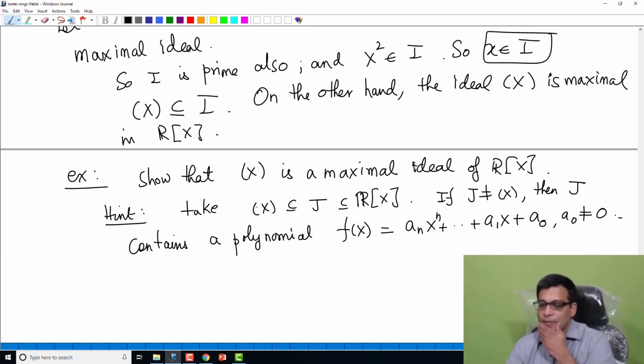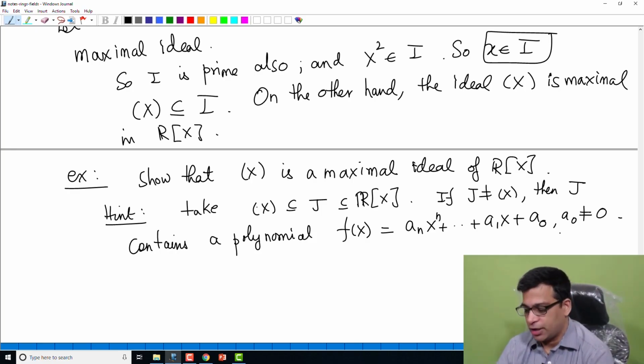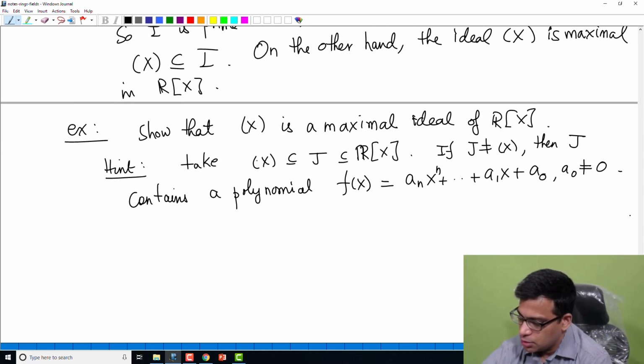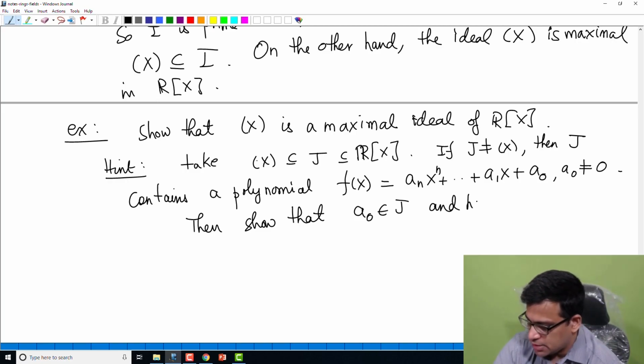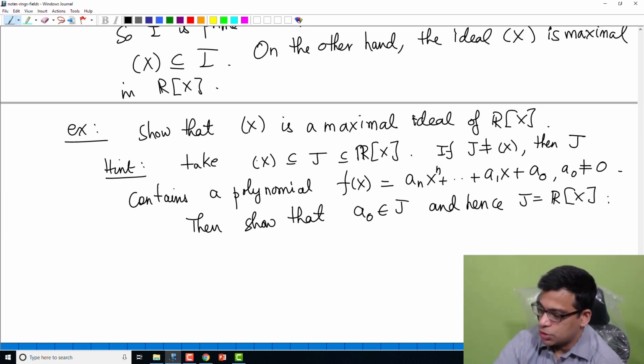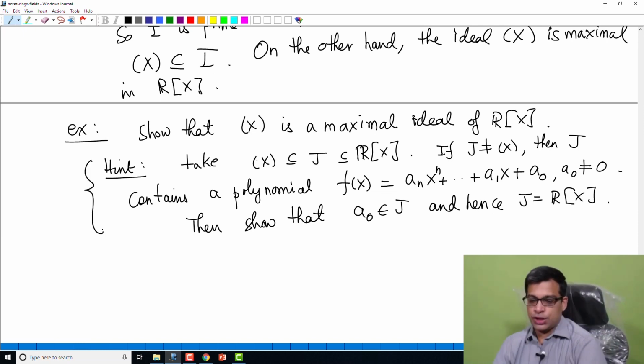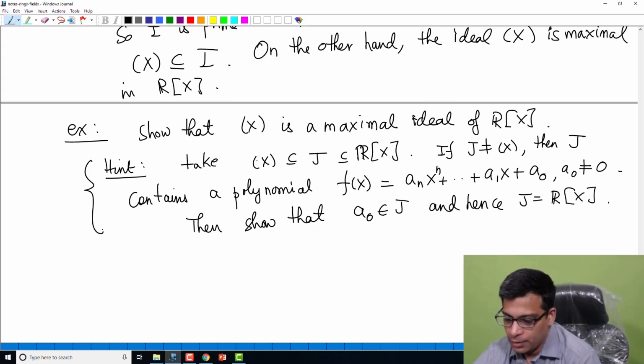If J is not equal to the ideal (x), argue that it must contain an element of this form, because if it does not contain an element of this form, it is equal to (x). And once you argue this, then show that a_0 is in J and hence J is equal to R[x]. This is almost a complete hint for you. Using this, you can show that (x) is a maximal ideal.